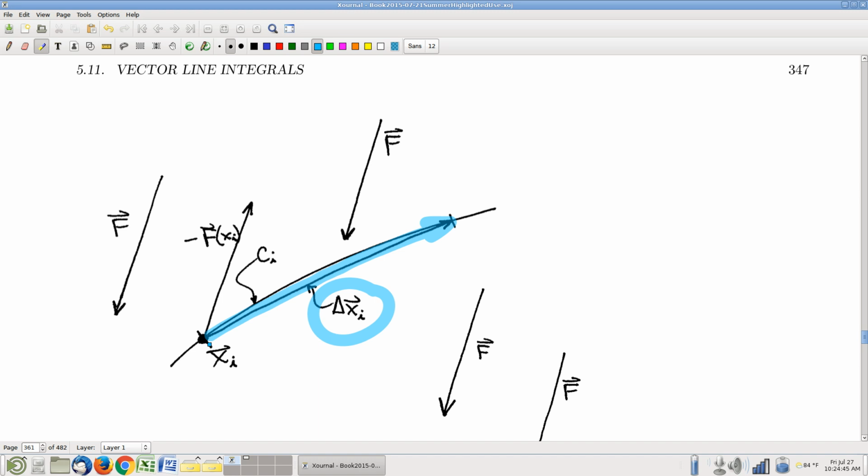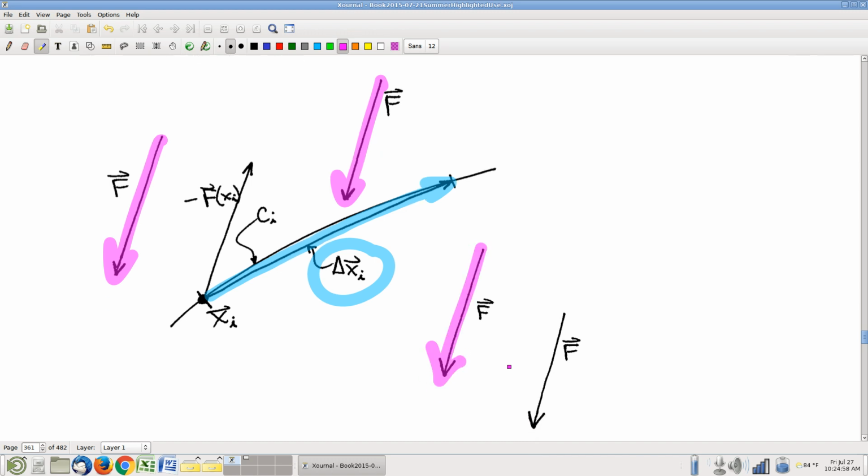Now again, keep in mind we've sliced up our curve into itsy bitsy teensy weensy pieces, and so the force that I'm experiencing is approximately constant. Now, I need to put some conditions. The formula that gives me my force, the vector field that represents my force, I need that to be continuous so that as my scale gets smaller and smaller, it gets closer and closer to being constant, so that in the limit, all round-off errors will go away.